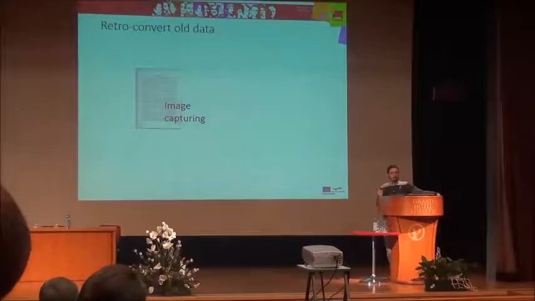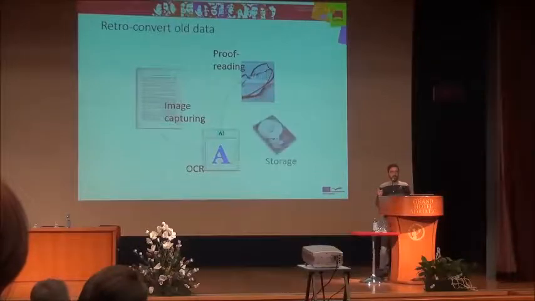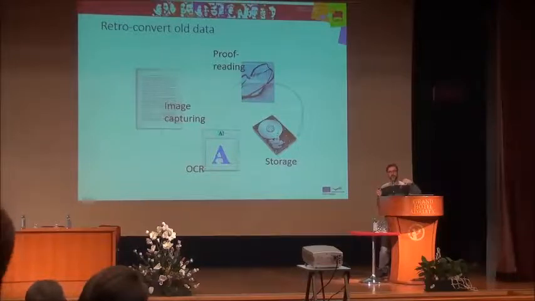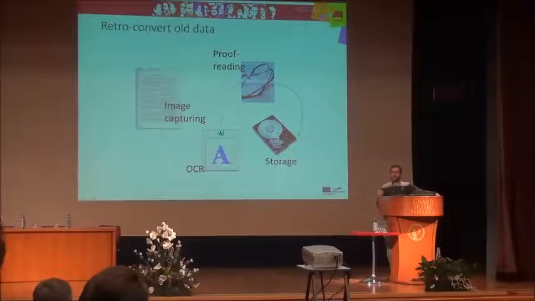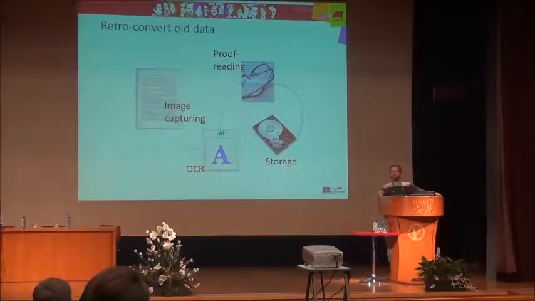And to get data from existing editions, we would have to take images, then transform these textual images into computer readable data, then proofread these documents, and then store this data and transform it into the XML format that we need in Monasterium. So basically what we need from archives to contribute is some way of electronic readable text and images.